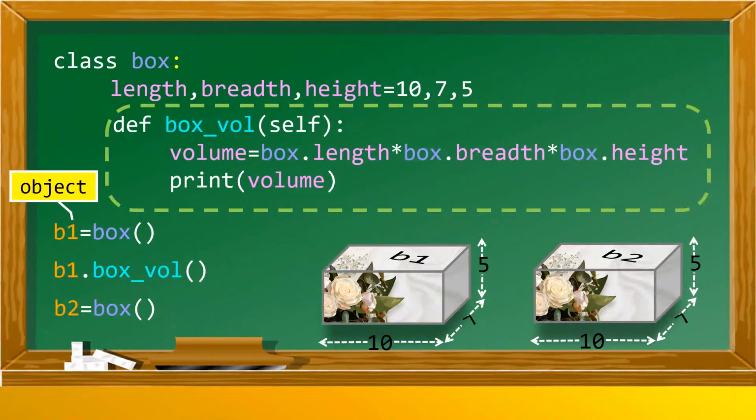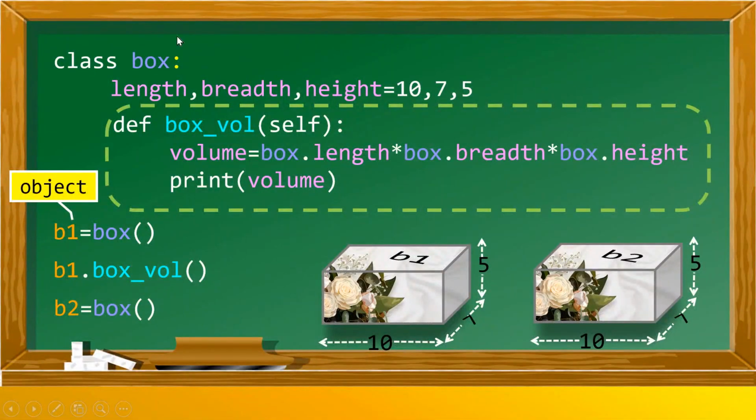However many objects I create, all the objects will take the same values 10, 7, 5 for its attributes length, breadth and height. But this was not my intention. I wanted to create objects with each object having its own values for length, breadth and height.